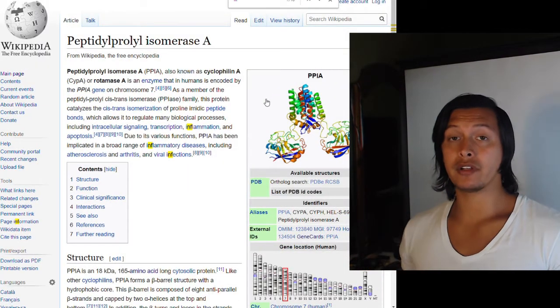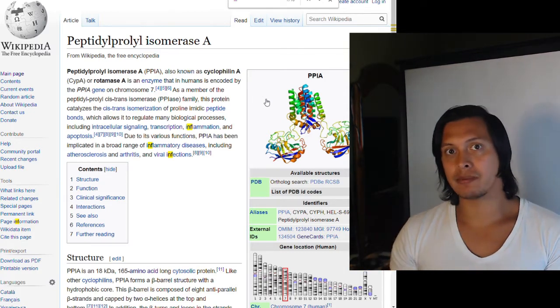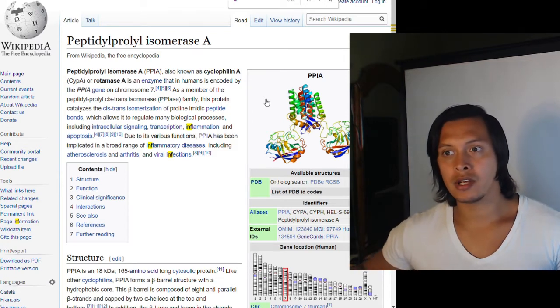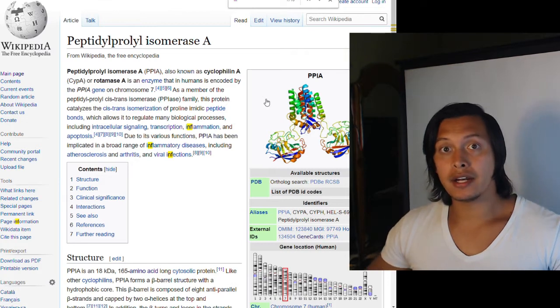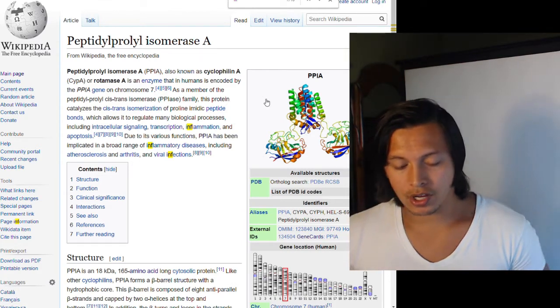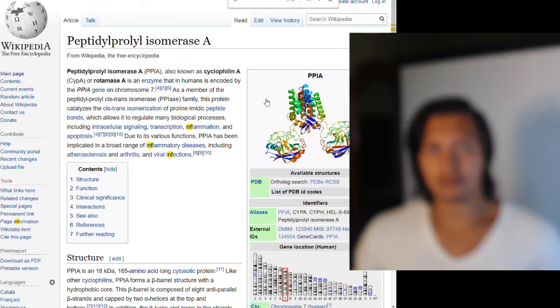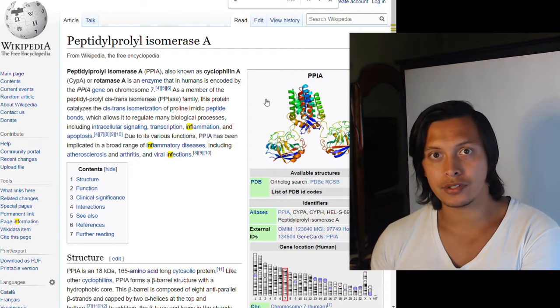Because remember, cyclophilin A is released as a result of reactive oxygen species and this sort of pro-inflammatory response. But if cyclophilin A is being released more, then at least with the original SARS, you could imagine that it's making SARS easier to infect new cells.